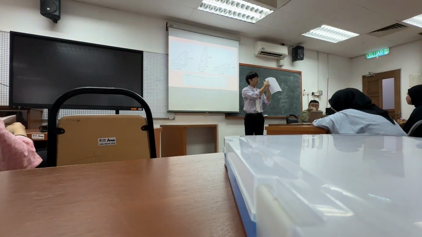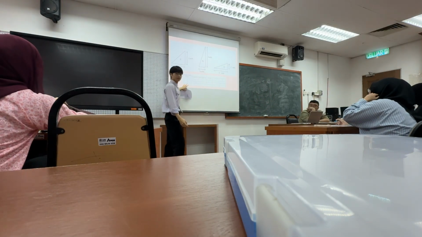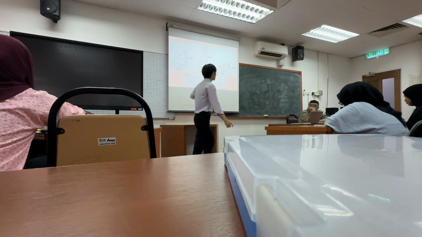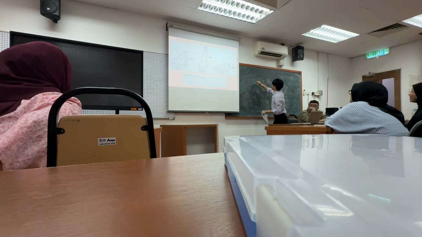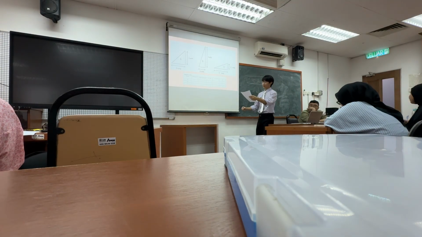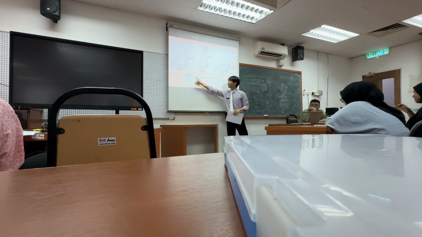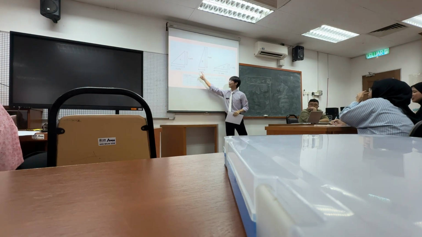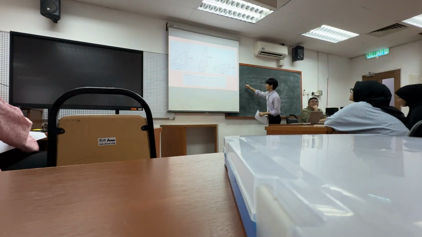On the top there's a summary table, the same table as this one. Now fill in the vertical distance for A, B, C and the horizontal distance for A, B, C first.